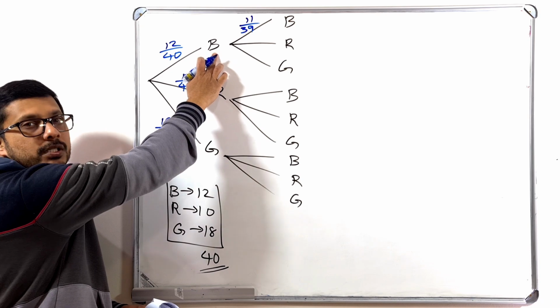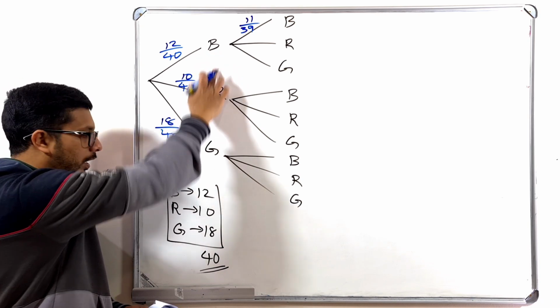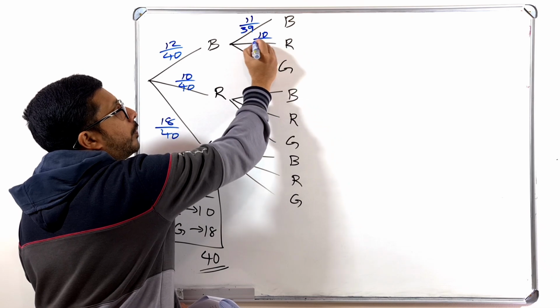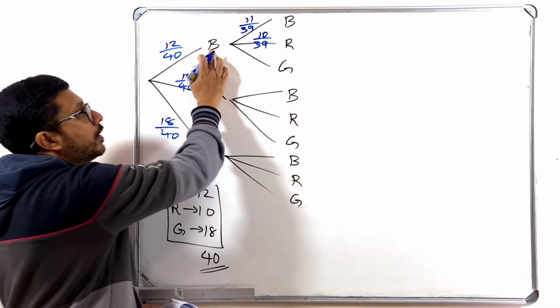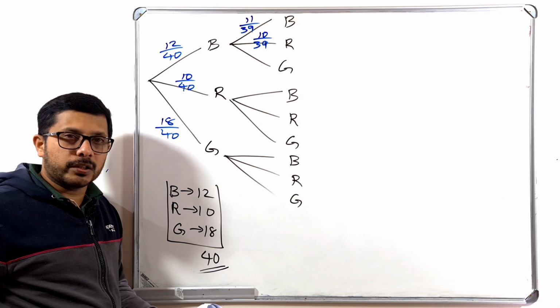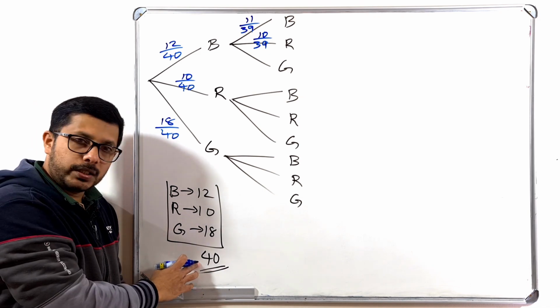So to get a red ball, it is 10 divided by 39, because we took the first blue ball and put it in our pocket, so the total is only 39.